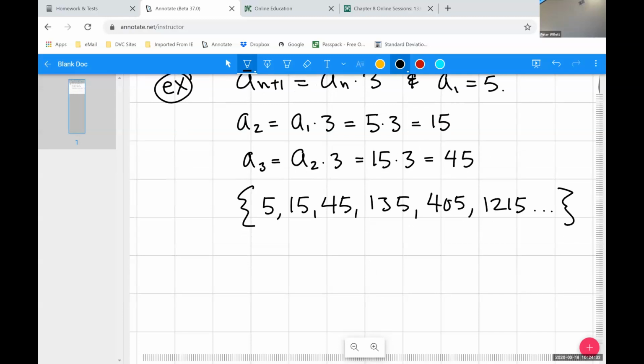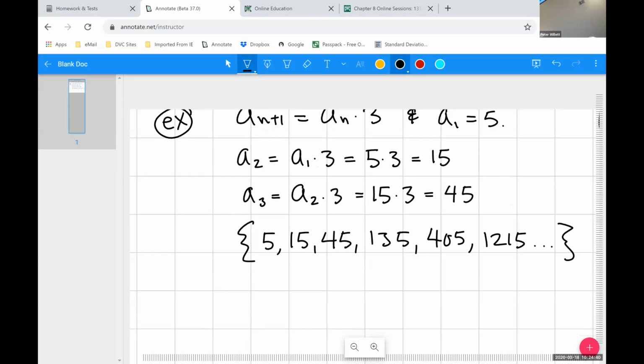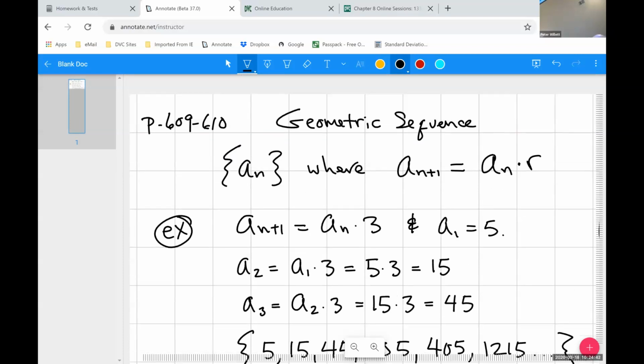We use the letter r to represent the constant because the r is for ratio. So take note here that if I solved for r by dividing both sides by a sub n, I would get that a sub n plus 1 divided by a sub n is equal to r.